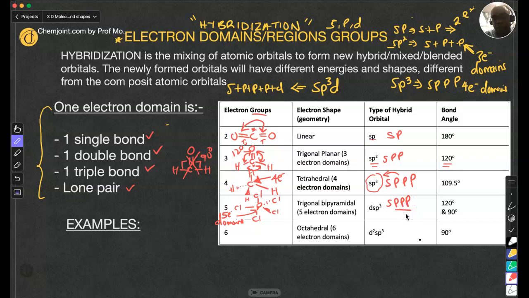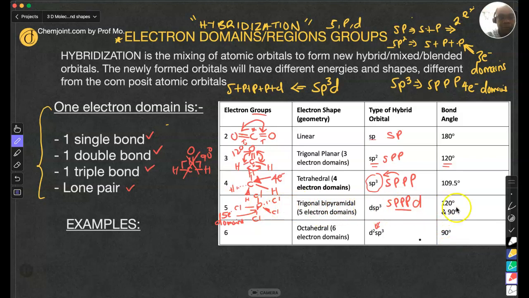The p subshell will have 3 p orbitals, and then we'll have a d to make it 5 electron domains. And then there's also octahedral, which will take you to sp3d2, and the bond angle for that will be 90. For trigonal bipyramidal, it will be a mixture.